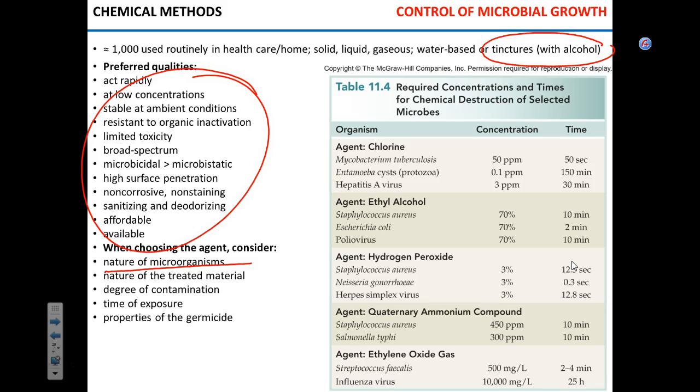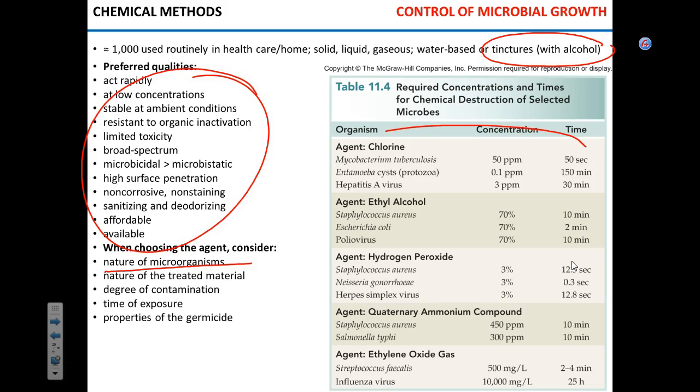If you treat a patient or stainless steel, they have different levels of resistance to the chemicals. How contaminated it is, how long can you leave it on? And of course, taking all of this together, we need to match a purpose with what the germicide is, what the chemical is.